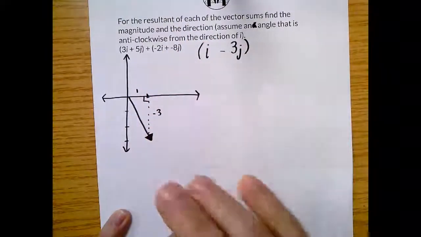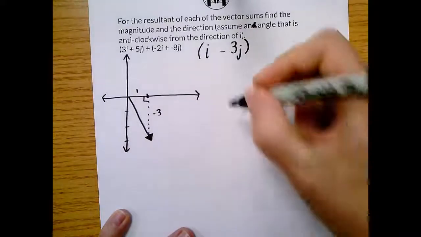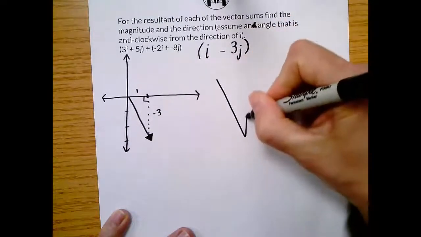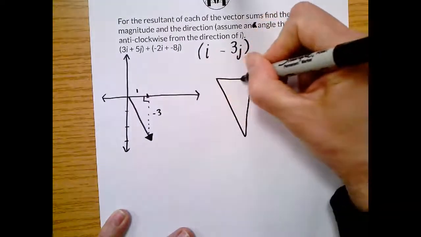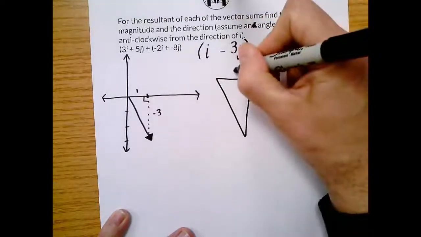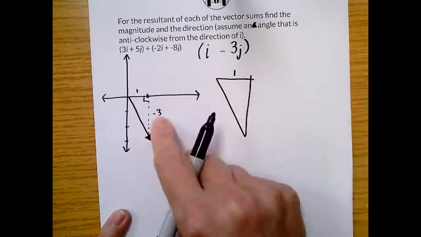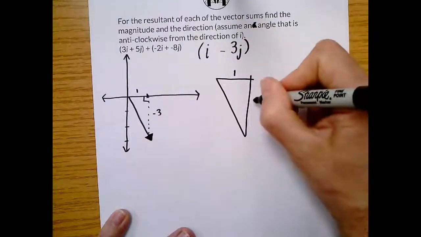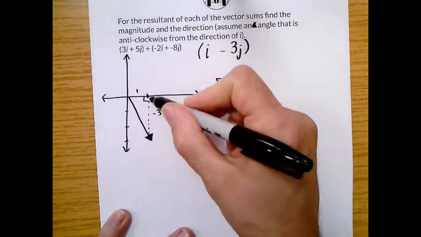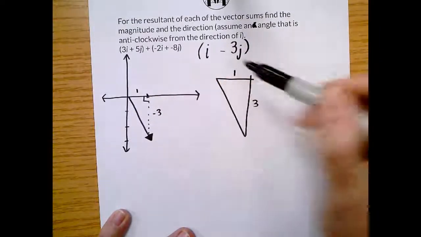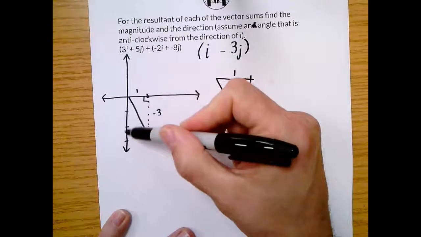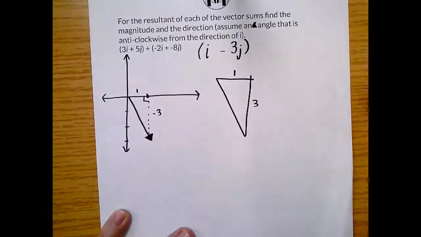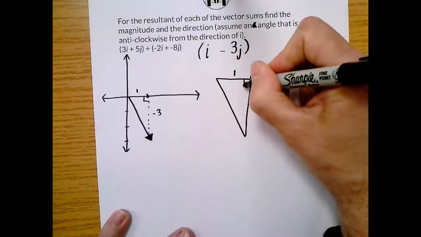I'm going to draw a diagram of just a triangle. We know this side is 1, and this side says negative 3, but for the side length of a triangle we just put in 3, because even though on the coordinate plane this goes down 3, it is still 3 units long. This is just telling you the direction it goes. And we know this is a right angle.